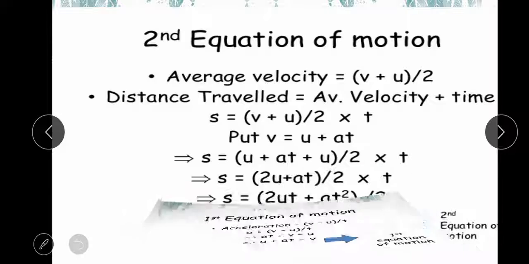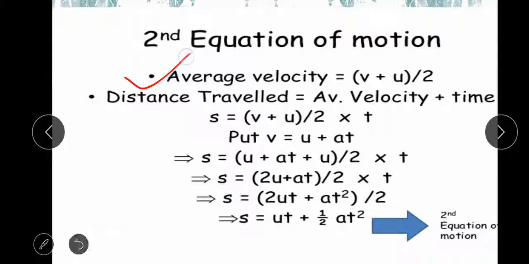Now for the second equation of motion, we will use average velocity (v + u)/2. Here distance travelled is equal to average velocity into time. S = ((v + u)/2) × t. Now put v = u + at.